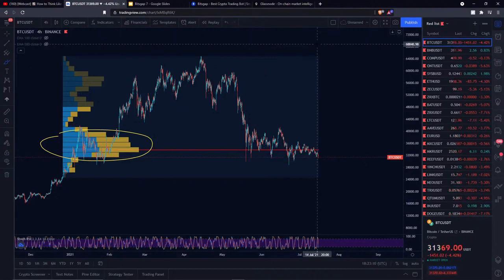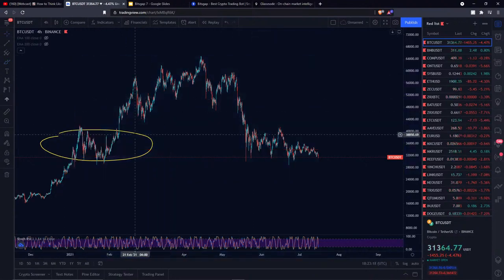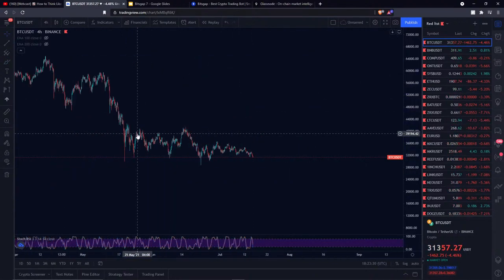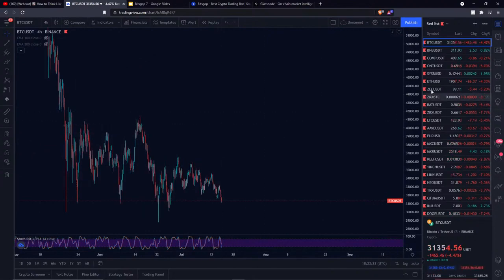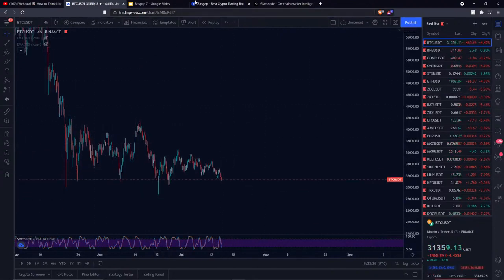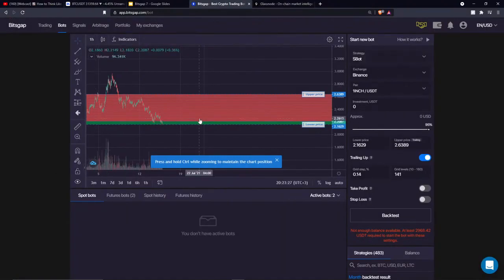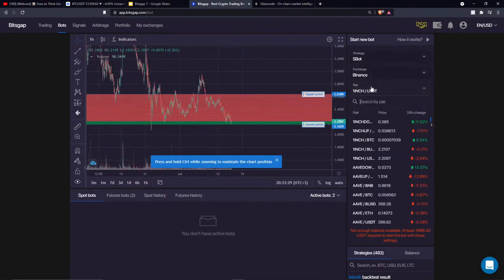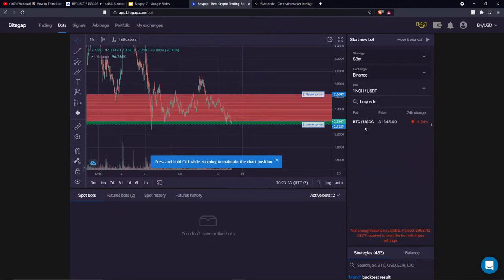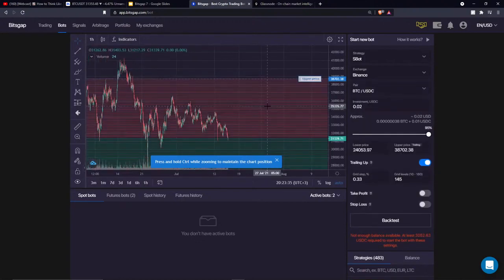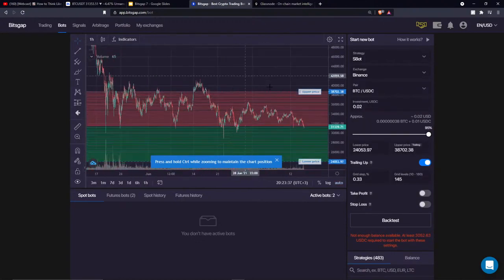And in my opinion, it's not financial advice or whatsoever, this current scenario that we see on the market is actually a perfect entry point for any trade you would like to have, whether that be the automated bot that you want to launch, let's say on Bitcoin to USDC, wherever. So the way I would set the bot is like this.